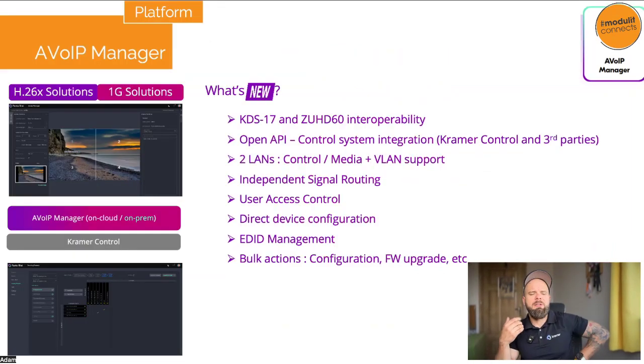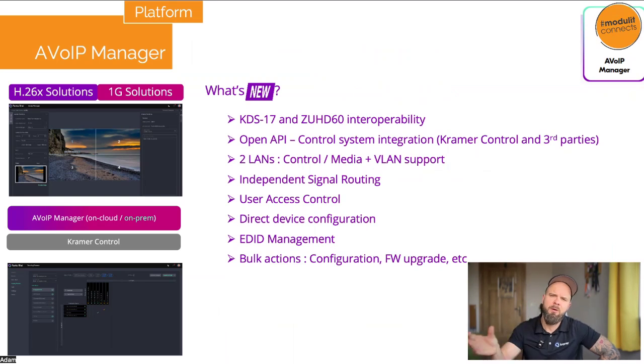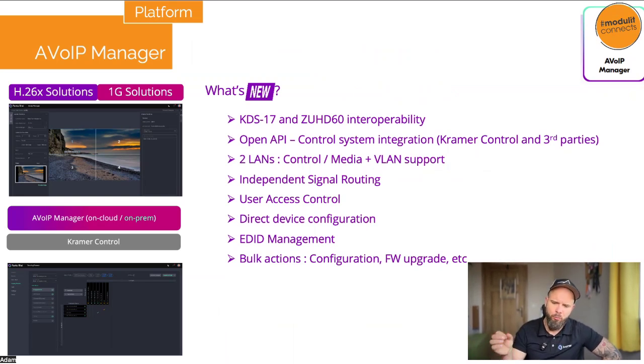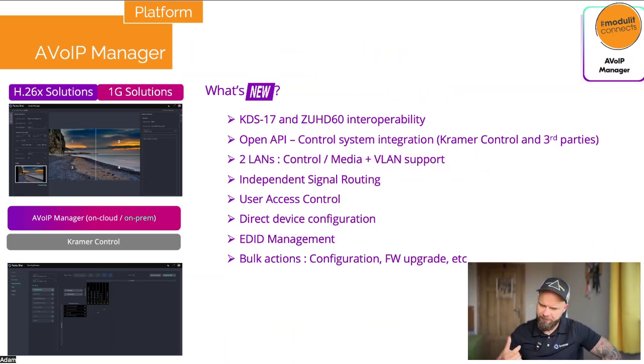So what's new in terms of AV over IP Manager, both cloud and on-premise? First, KDS 17 and Zyper UHD are now working together inside one installation. The API is now more open, which means you can connect your AV over IP system not only to Kramer Control, but to any third-party control system.